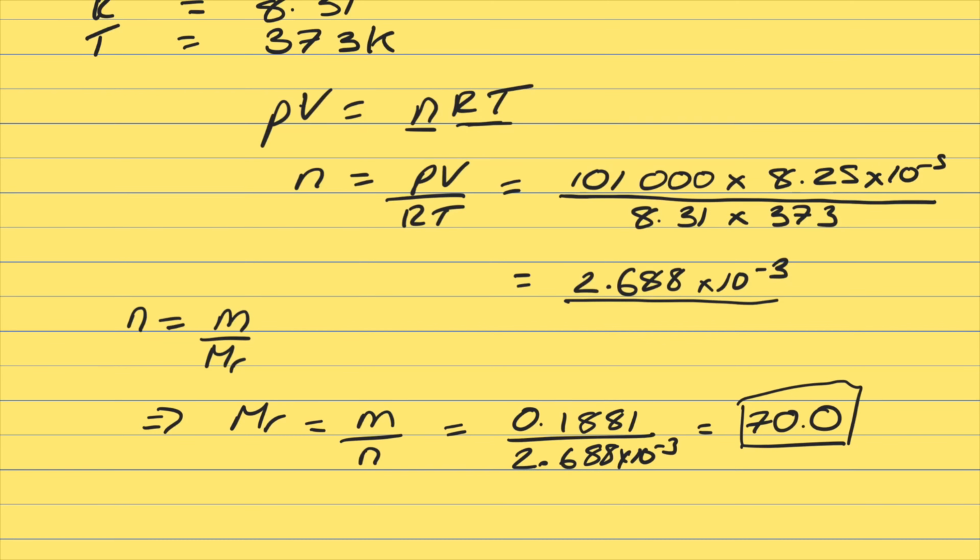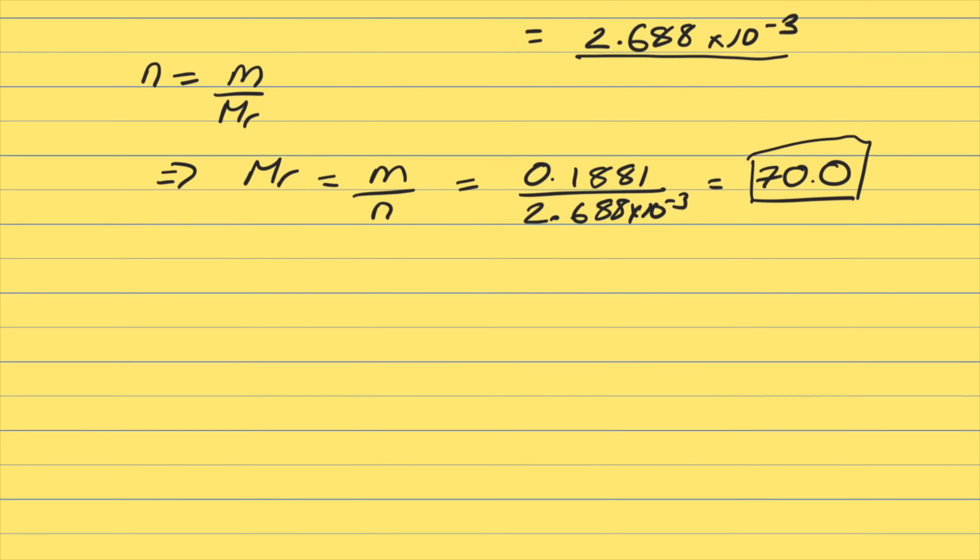The next job was to deduce the molecular formula for this. So we're looking for an alkene, which is CnH2n, with an MR of 70. We know carbon is 12 and hydrogen is 1. Obviously in the formula, for every 1 C we're going to have 2 H's.